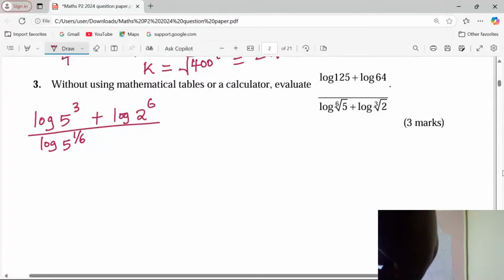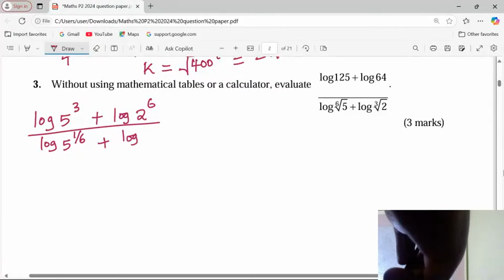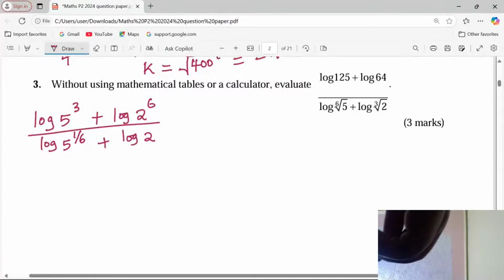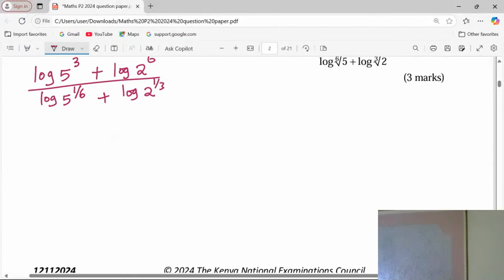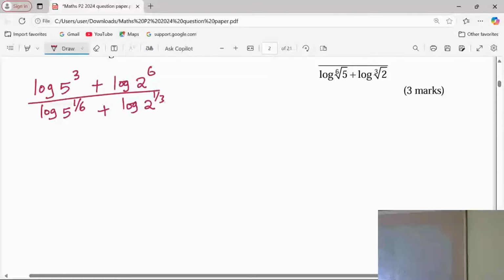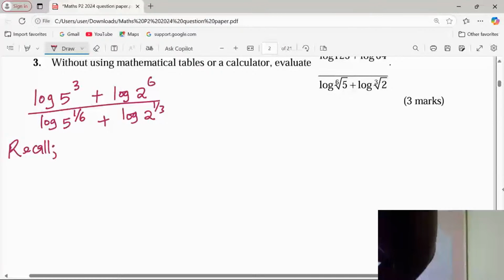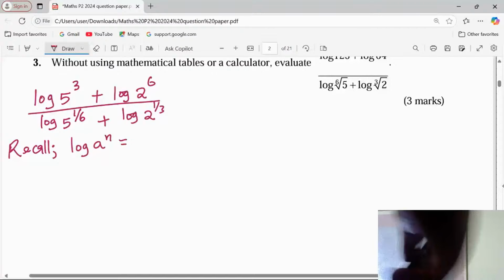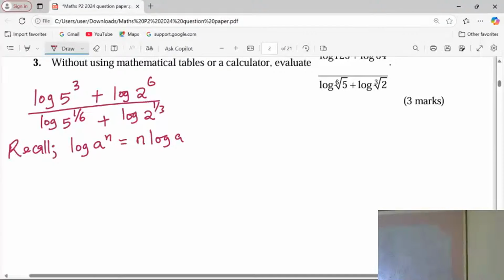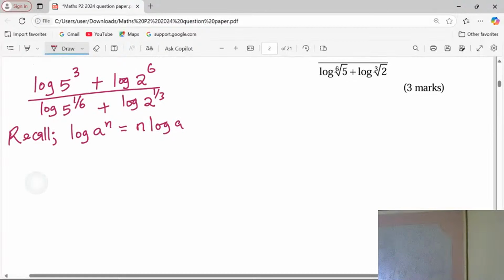Root 6 means raised to 1 over 6. Then plus the logarithm of 2, and instead of the cube root, we can raise it to power a third. It will mean the same. We remember that among the laws of logarithms is n log a, applying in all the terms.